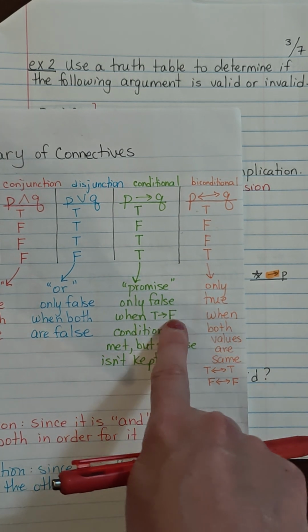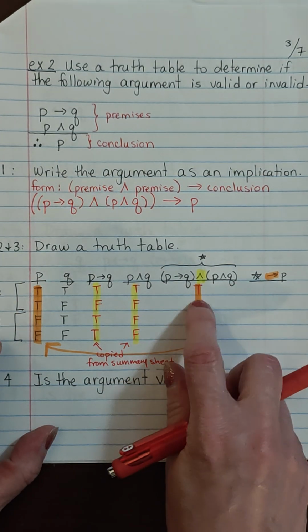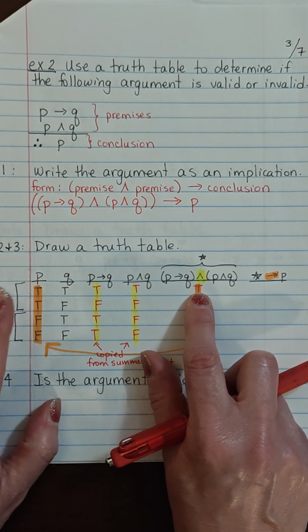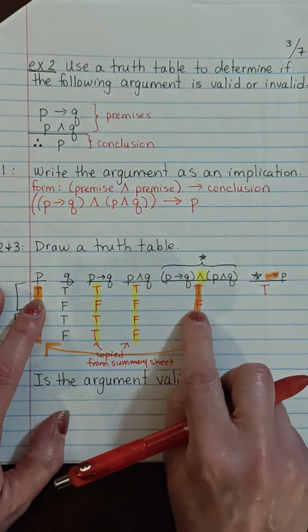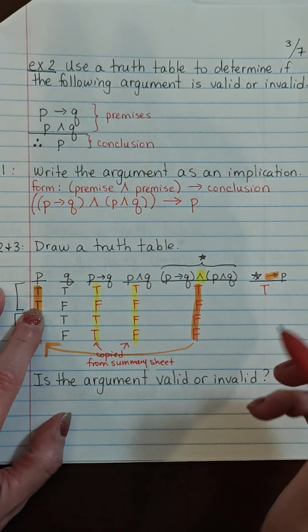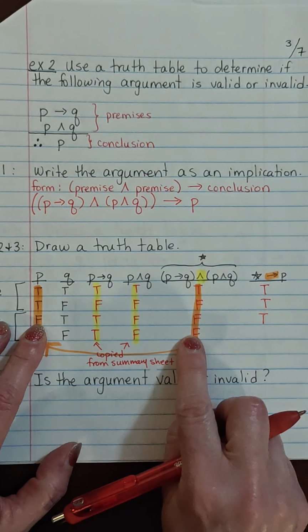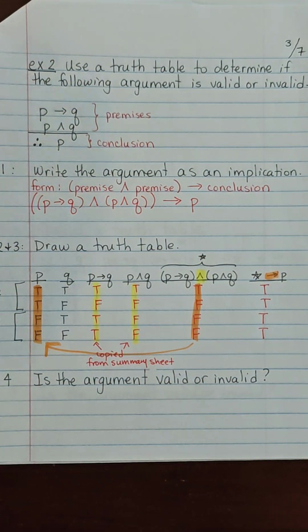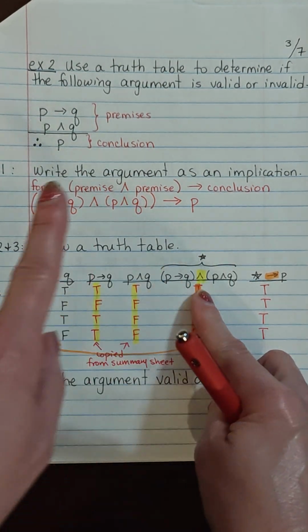When there is a fire, but you did not call 911. Okay, I'm going from star to P. So I'm going from here to here. True to true, that one's okay. False to true, that's okay. False to false, that one's okay. False to false, that's okay. Remember, the only one that's false is when you go true to false. And remember, we're going from this direction to here.